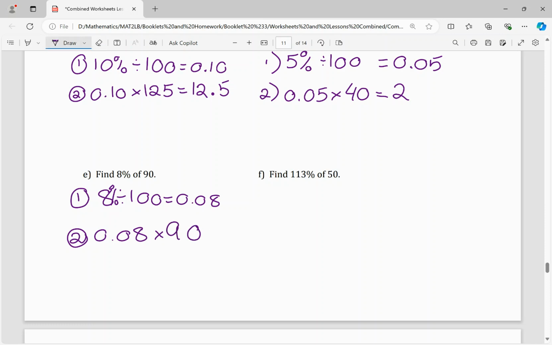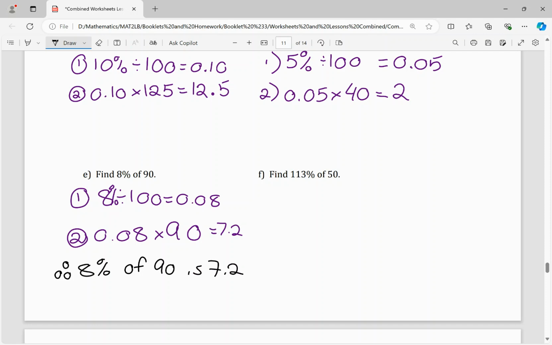So 8% of 90 is equal to 7.2. If you want, you can include a therefore statement. It would just say, therefore, 8% of 90 is 7.2.